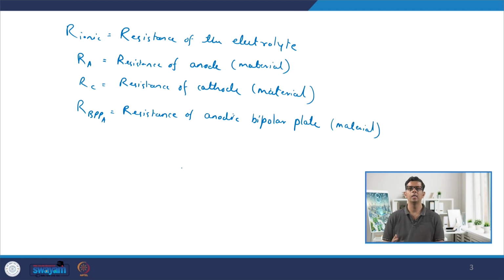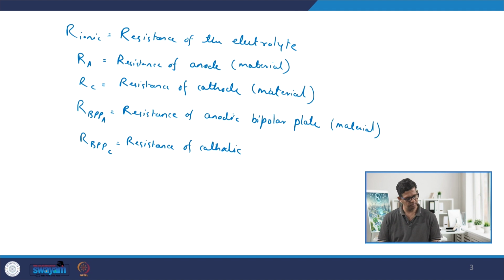When I say materials perspective, we are not including the contact resistance in this resistance. Then we have the resistance of the cathodic bipolar plate. It is again the material resistance.